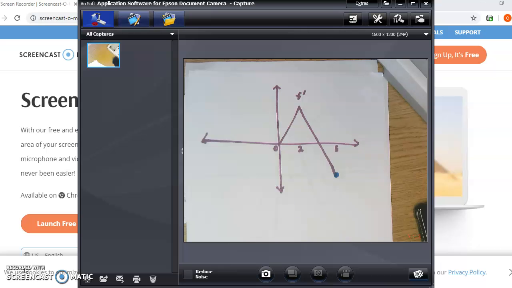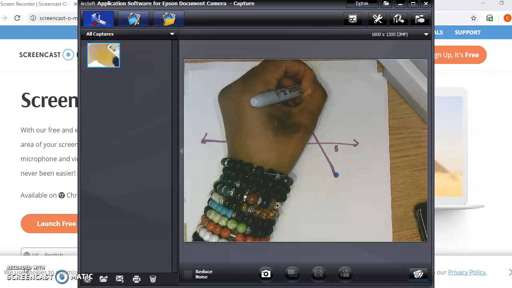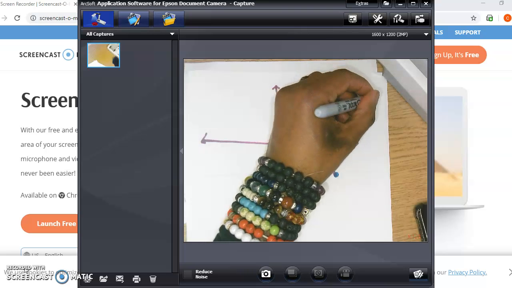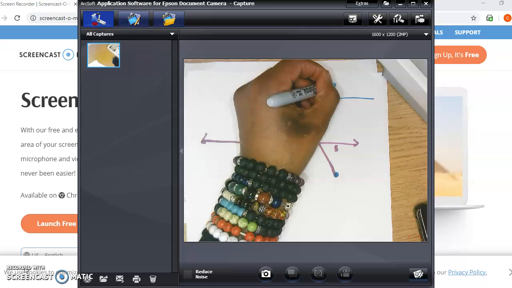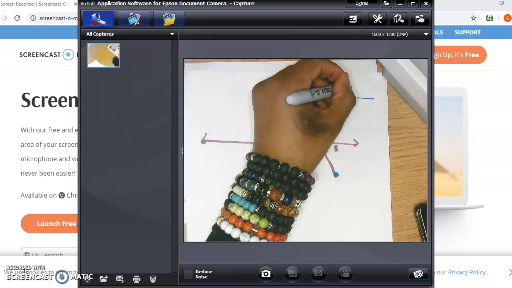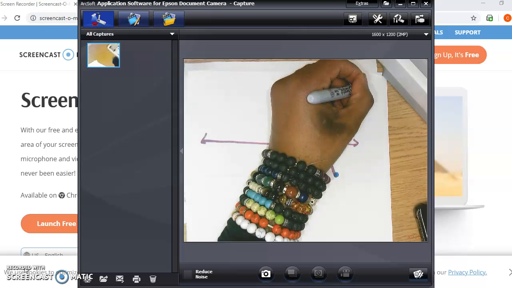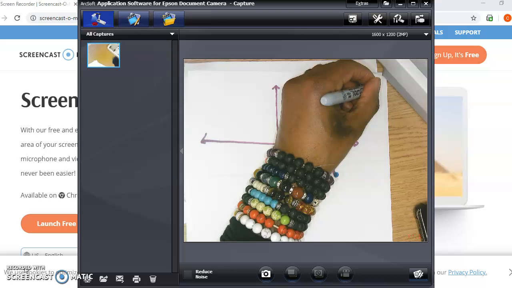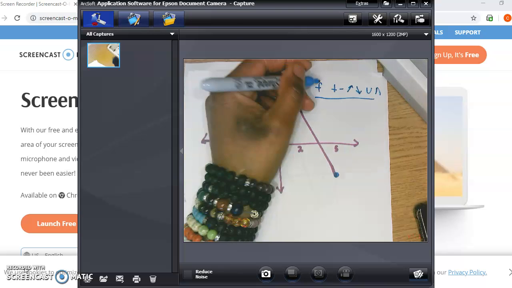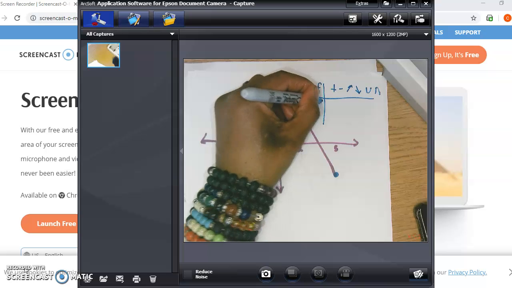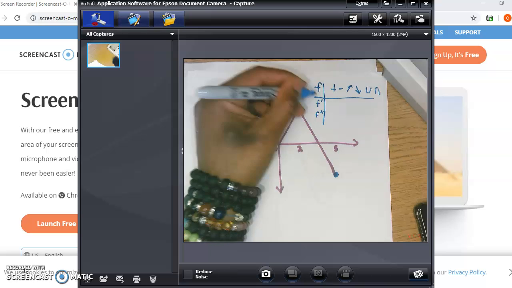We're going to use the chart that I gave you in class, where we have f here, with positive, negative, increasing, decreasing, concave up, and concave down, and then f prime and f double prime.